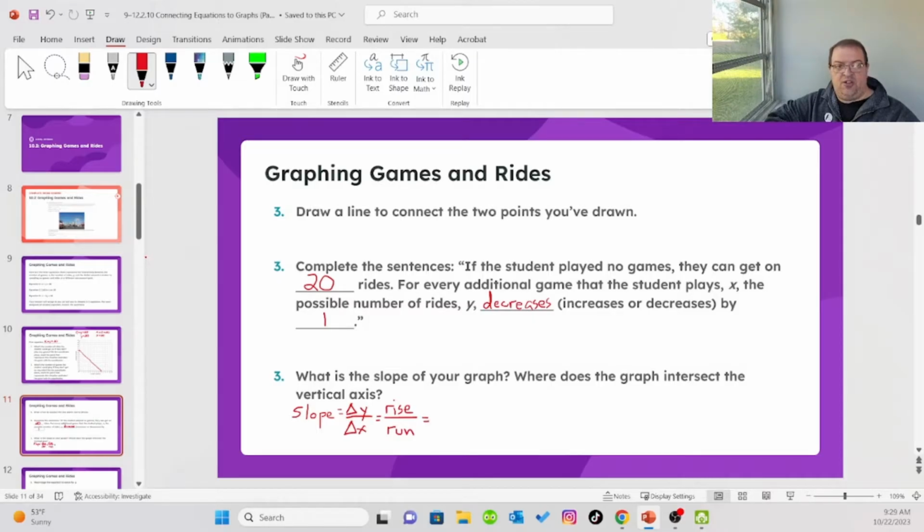So when we looked at our graph, we were going down by 1 every time we went to the right by 1. So -1 over 1 is -1. So our slope is -1. They want to know, where does the graph intersect the vertical axis?